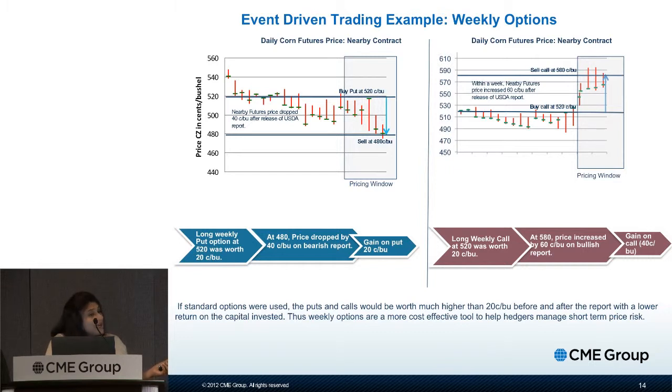If you're long a weekly put option, then you gain on that particular strategy. The reverse happens if the USDA crop reports are bullish and the price hits limit up by over 40 cents, so it's around 60 cents, and you're long a weekly call option and your strategy gains because of that.